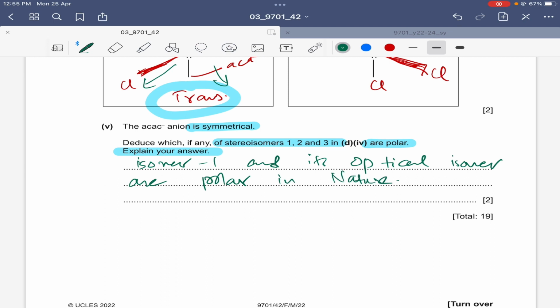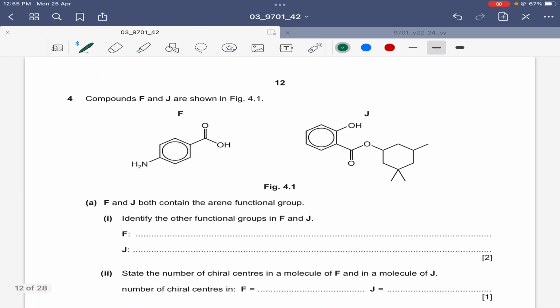Okay, they too are polar in nature. So dipoles do not get cancelled out. Alright, so this is the end of question number 3.